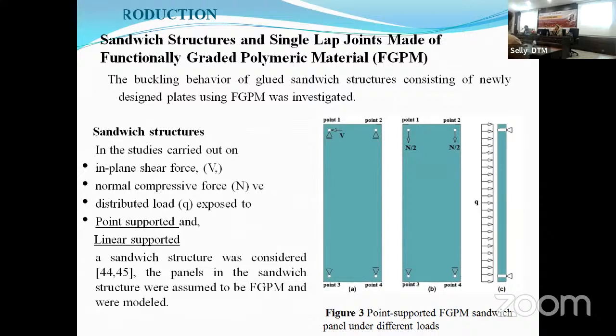The first one is in-plane shear force and normal force, and also distributed force. I want you to imagine a plate with glue, and for supporting, you can see point 3 is a fixed support.